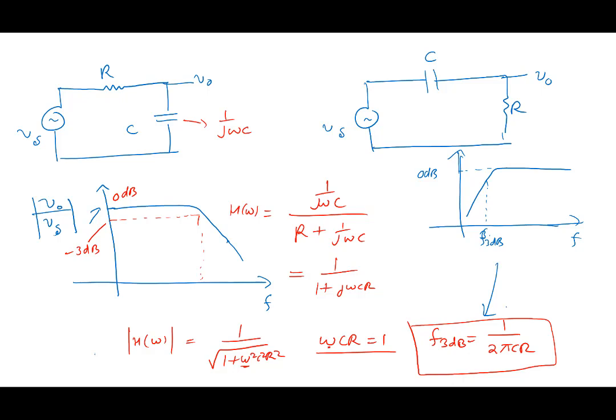So these two circuits are important. This one is the low pass filter, LP filter, and this is our high pass filter. These are important for amplifiers. We'll see later on. So this is one background, but let's continue.